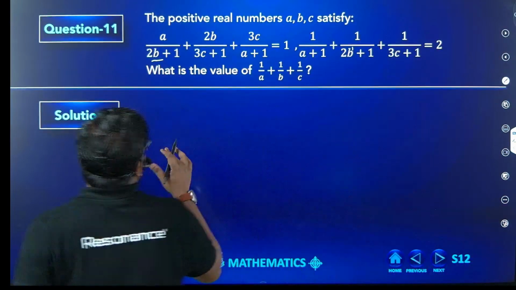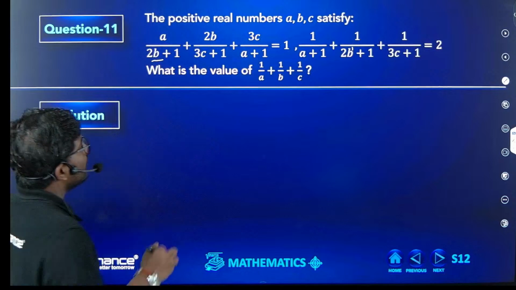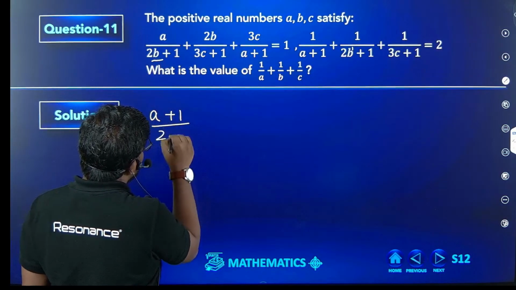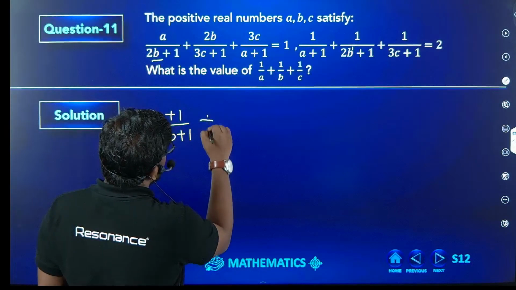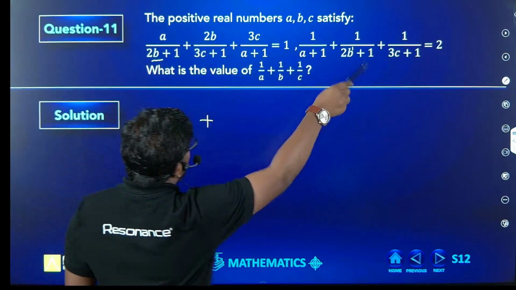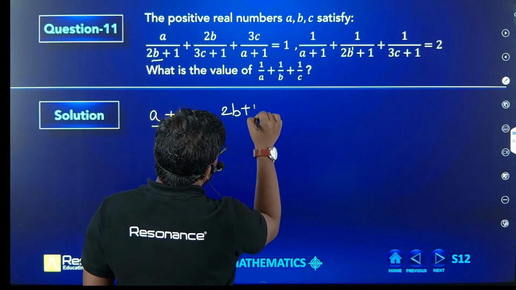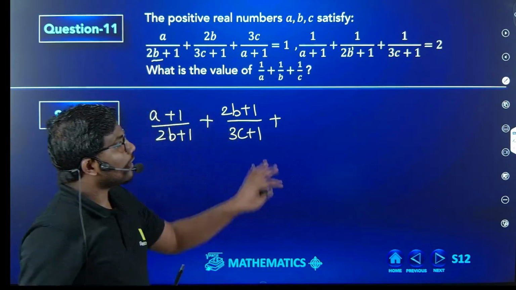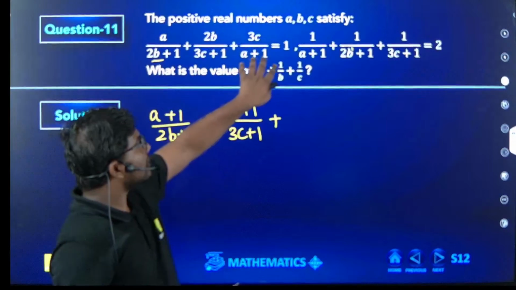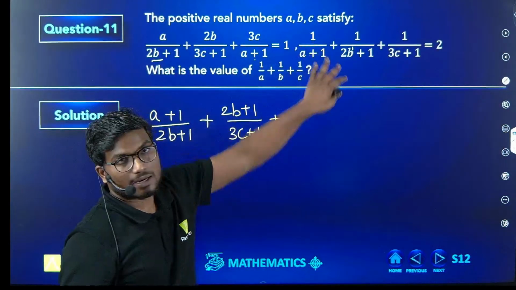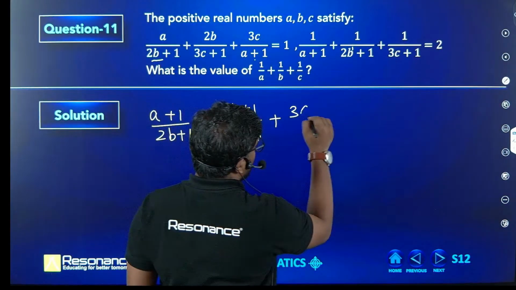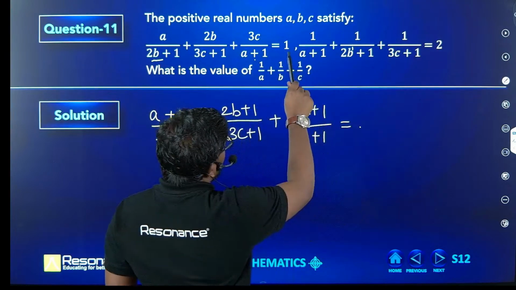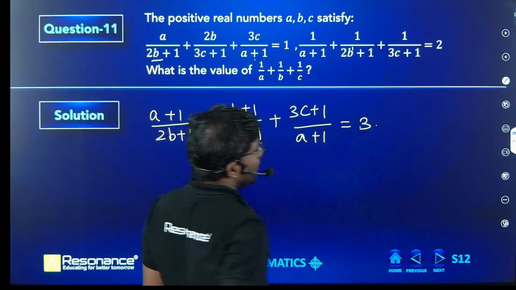So if we add these equations, we would come to the fact that (a plus 1)/(2b plus 1) plus (2b plus 1)/(3c plus 1) plus (3c plus 1)/(a plus 1) is equal to 1 plus 2, that is 3.